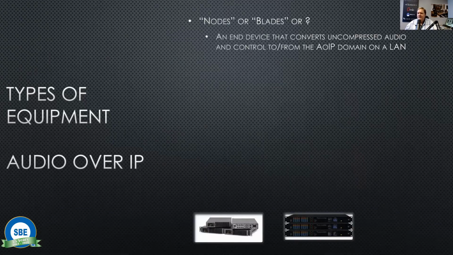It's basically just an end device that converts uncompressed audio and control to and from an audio over IP domain on a local area network. So think of it as an analog to digital, digital to analog, digital to digital type of converter that just has Ethernet as one of the sides of that conversion.